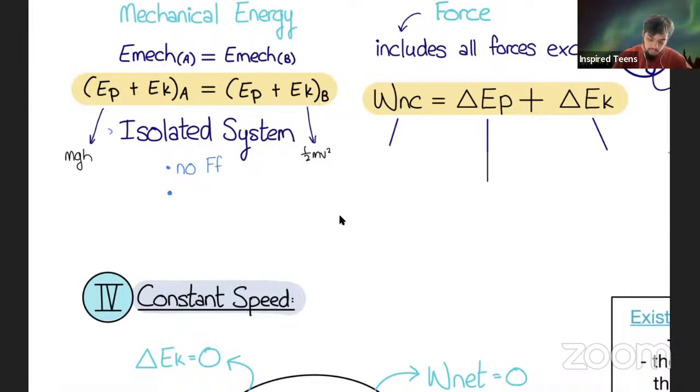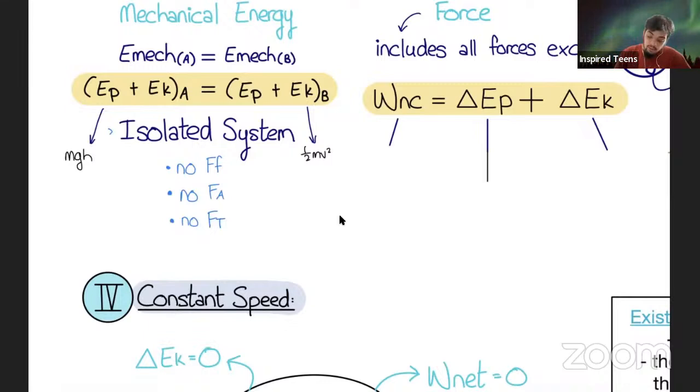Number two, you have no applied force. And no tension, which is very similar to applied. In order for you to have an isolated system, you have none of these three things.